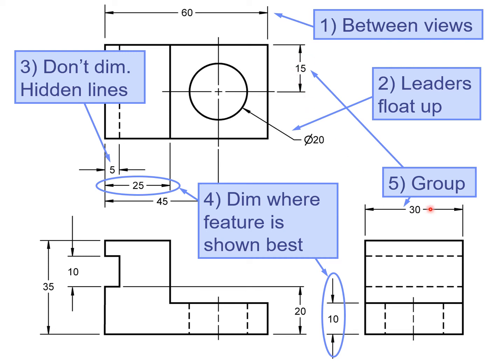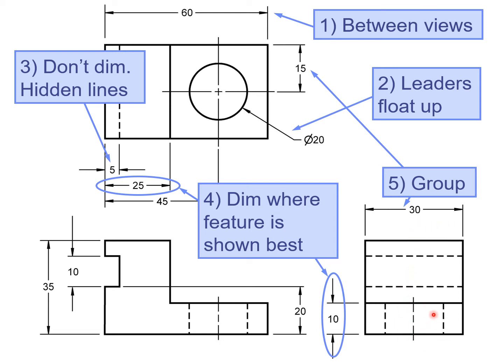Now we try and group dimensions together, right? So that's one of the rules. We try and group them. We can either bring the 15 here, but then we would be dimensioning the 15 to a hidden feature here, which we don't want to do. The 15 is dimensioning to the center of the hole. Here is that center axis of that hole, and we don't want to place the 15 to a hidden feature.